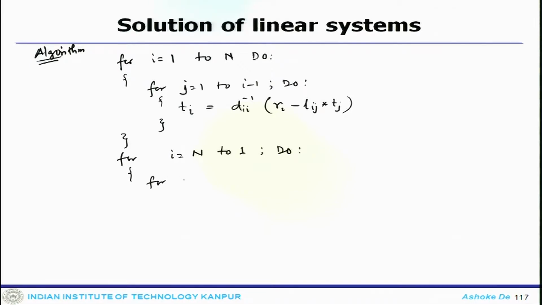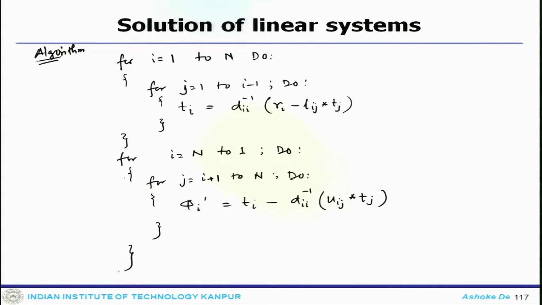For j equals to i plus 1 to n, you do phi i prime equals to Ti minus Dii inverse Uij into Tj. Then you close this loop, and then finally you close the other loop.